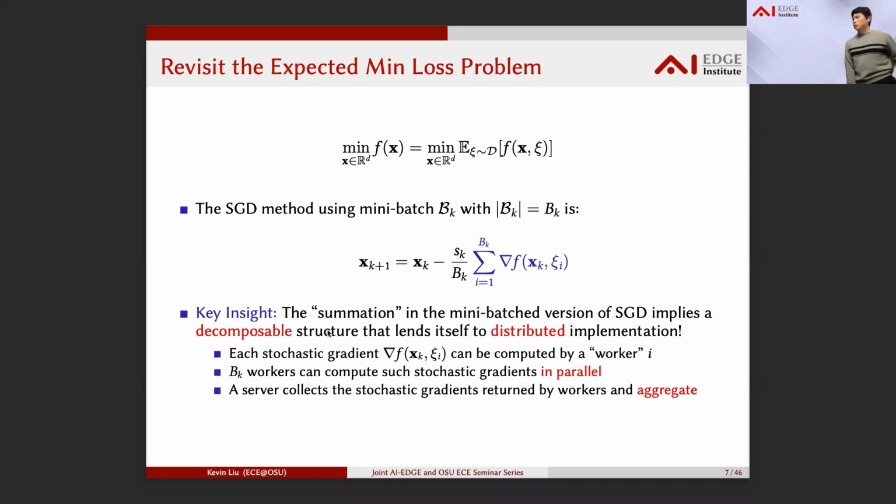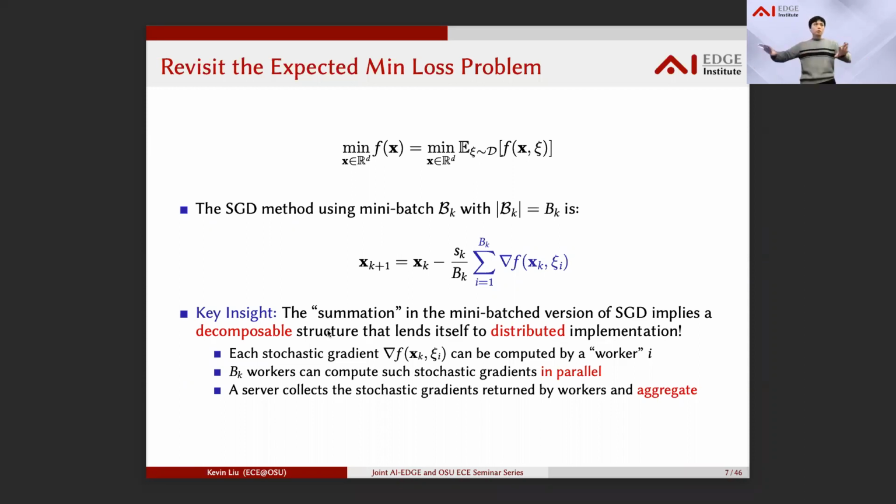You may wonder, these are all very simple, why do we spend time talking about this? Well, the reason is that this is basically the foundation of all these distributed or federated learning. In this summation structure, you can see that I can decompose the summation, which will be performed at different locations by different computers. That's how you do these things in parallel.